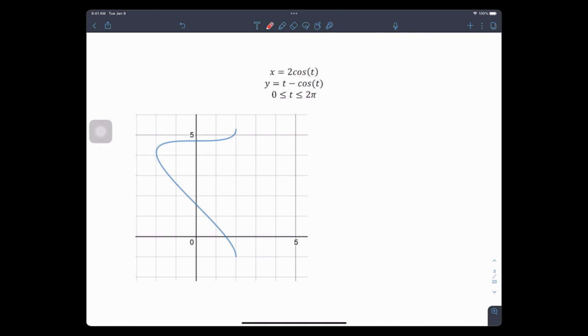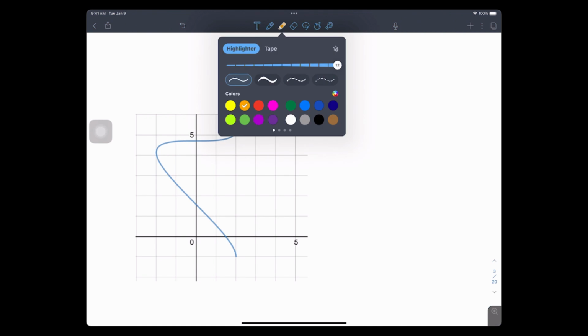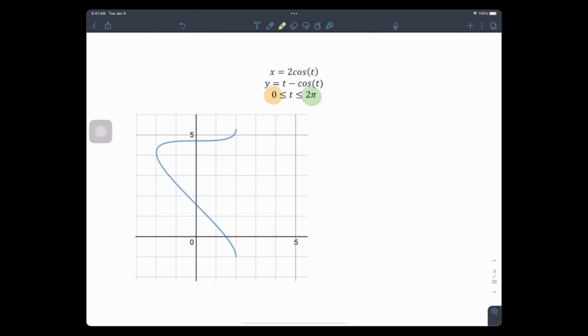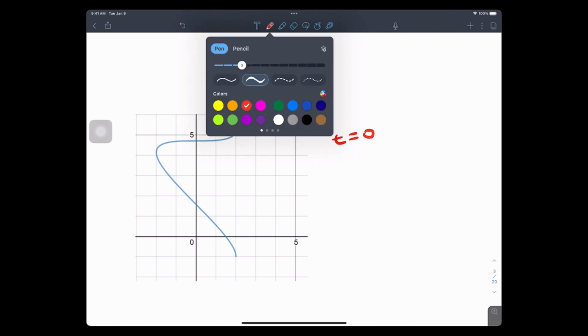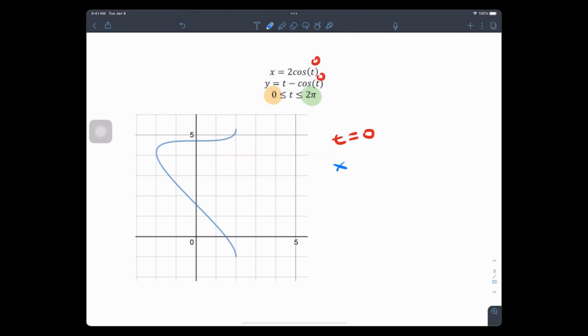Now, here they gave us an interval of t. So if they give us an interval of t, can I ask you guys, what's the initial point? You let t be 0 here, so plug in 0 for t. What do you get for your x value? You got to know what 2 cosine of 0 is.